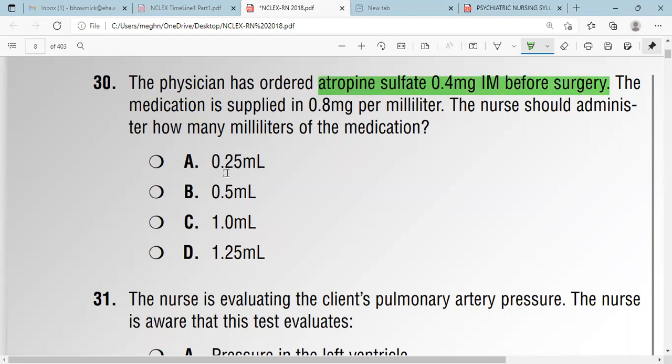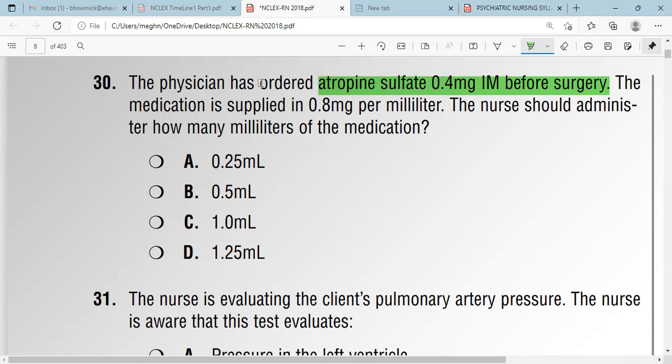The nurse should administer how many milliliters of the medication? So here we go. Answer A, 0.25 milliliter, B, 0.5 milliliter, C, 1 milliliter, and D, 1.25 milliliter.